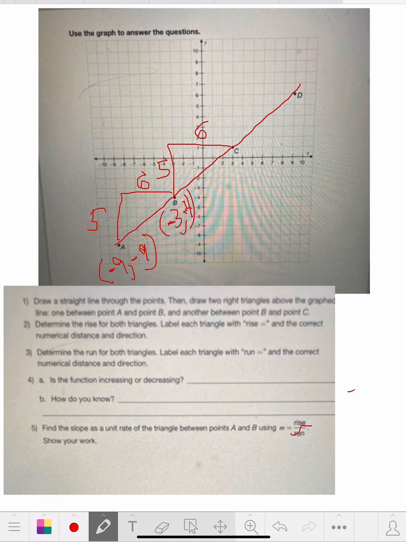Brackets. Okay, C, what's that? Positive. So I'm +3, and +1. Okay, D. I got 9 and I got a 6. I'm counting them up. 9, 6.